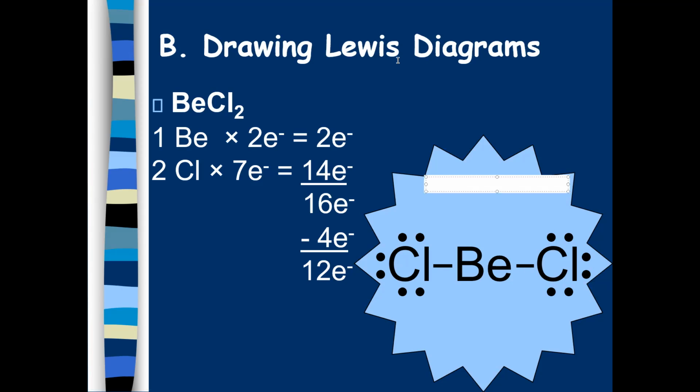Beryllium is in group 2, so it is an exception and only needs 4 electrons for valence. Let's just say 4 valence electrons. Valence means outer, so we just know that.